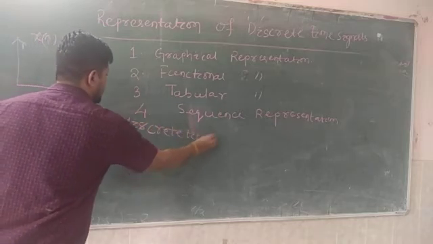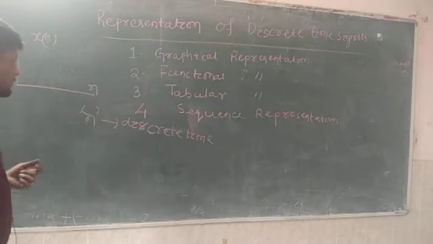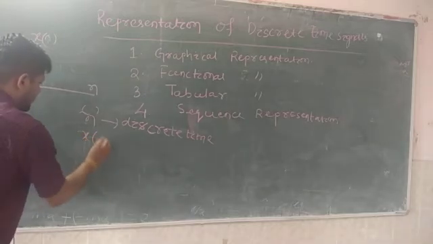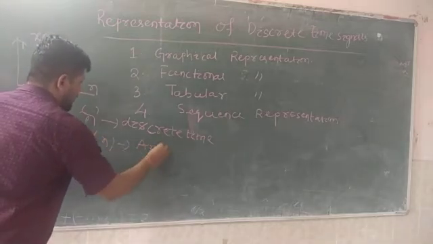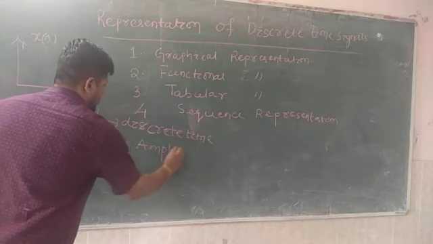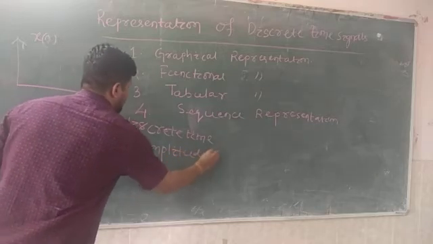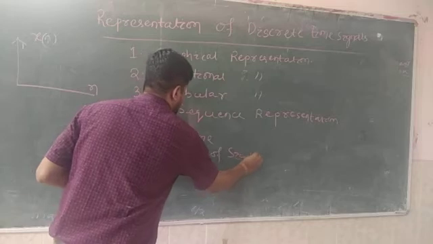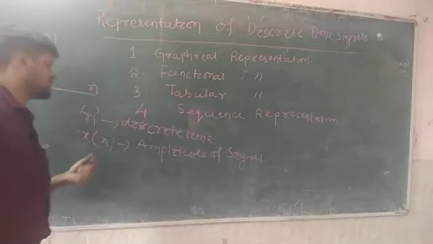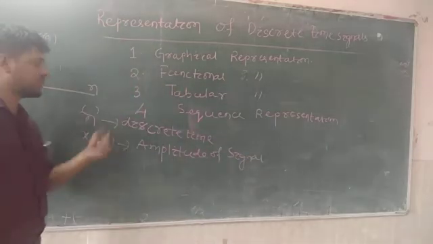Please note it down, where n denotes the discrete time and x[n] represents the height or amplitude of the signal. x[n] represents the amplitude of the signal and n is the discrete time.